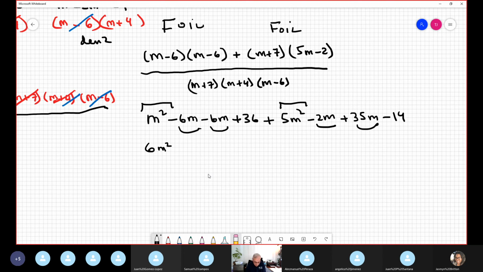The negative part is 14m. Minus 35m, is positive, is 21m. And the numerical part is 36 and 14. 36 minus 14, 22.